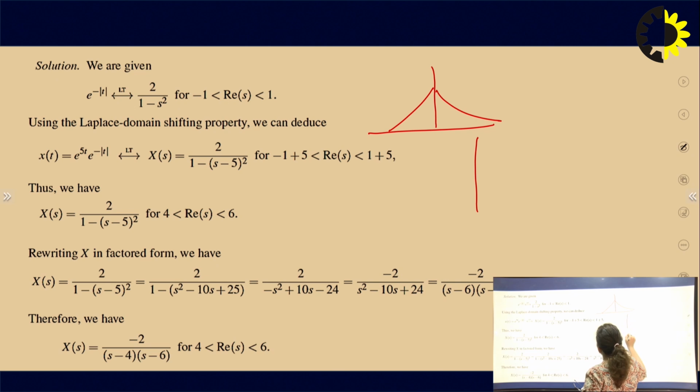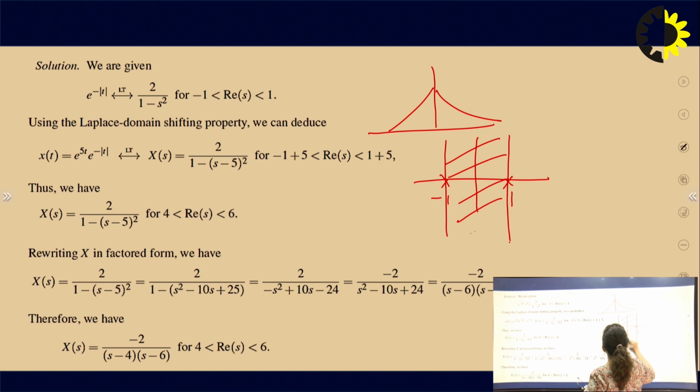If you draw the poles, one pole is at minus 1 and one pole is at 1. Since the signal is two sided, the ROC is real of s greater than minus 1 and less than 1. This is the region of convergence for this particular signal.